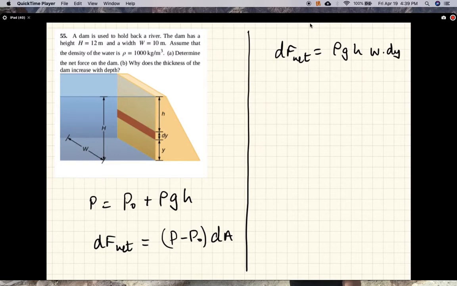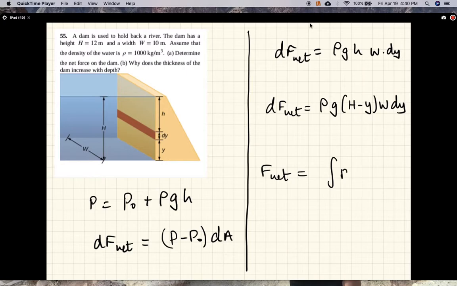So h is, let me write, rho g h, where h is capital H minus y, times w dy. Okay. All right, and so the net force is the integral of dF net.